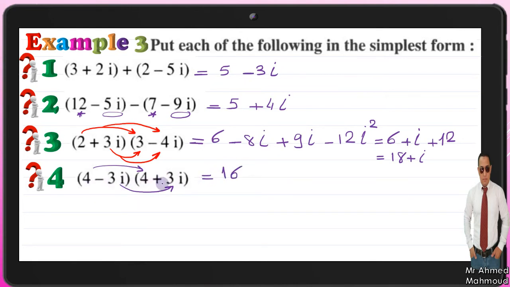Negative 3 times positive 3 equals negative 9, and i times i equals i to the power of 2. But i to the power of 2 changes the sign, so it will be 16 plus 9 equals 25. You can check by using the calculator.